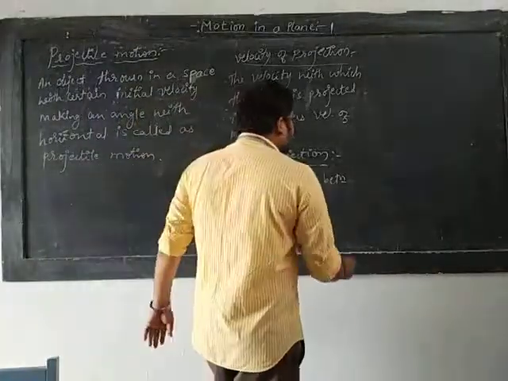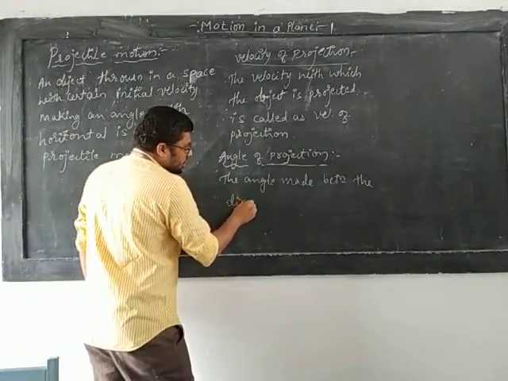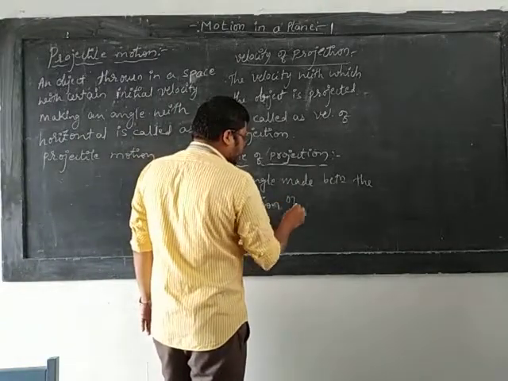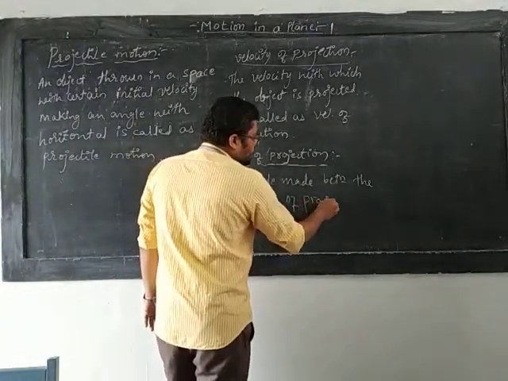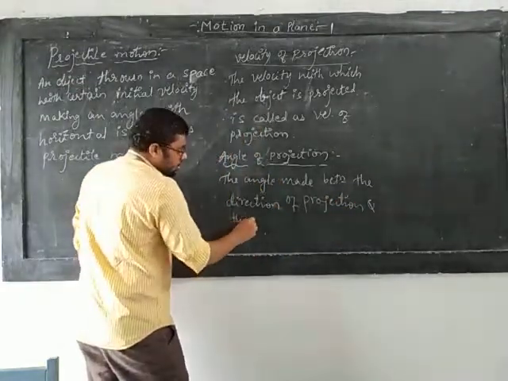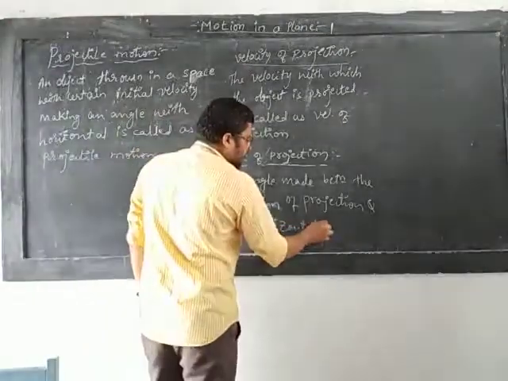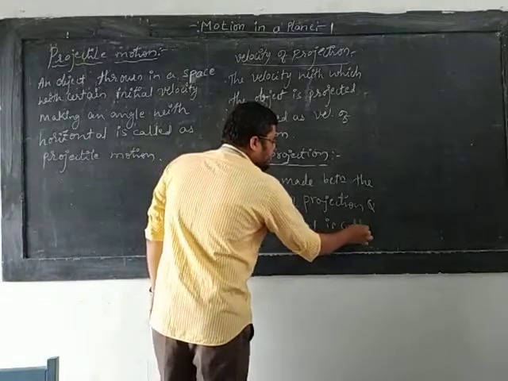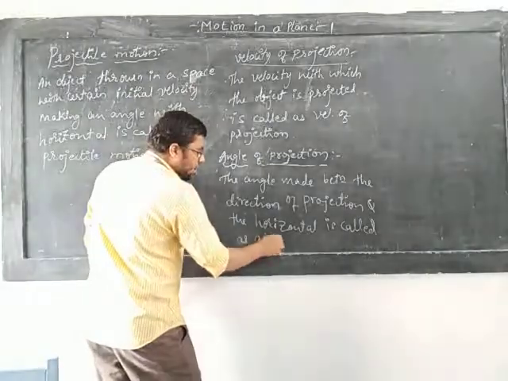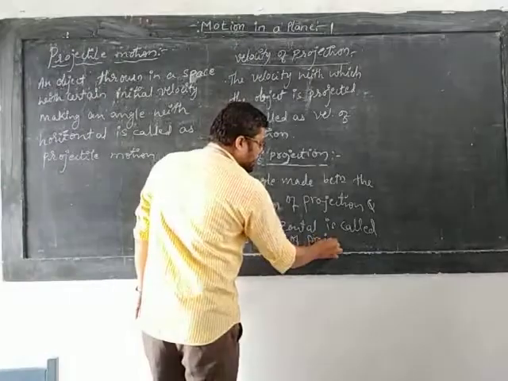The angle made between the direction of projection and the horizontal is called as angle of projection.